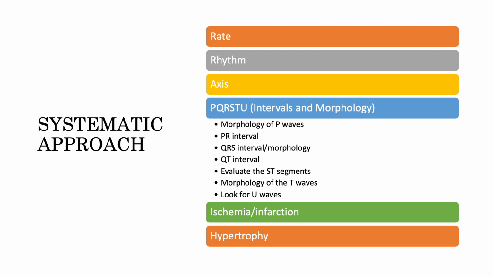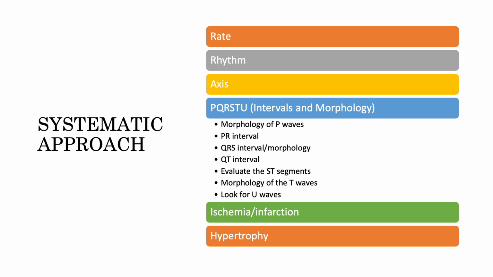And as we move into the QT interval, as a reminder from part 1, the QT interval is something that I always allow the computer to do for me rather than trying to calculate it myself, because it has to be corrected for heart rate, and that calculation is tedious. And so that is the one thing that I will allow the computer to do for me.